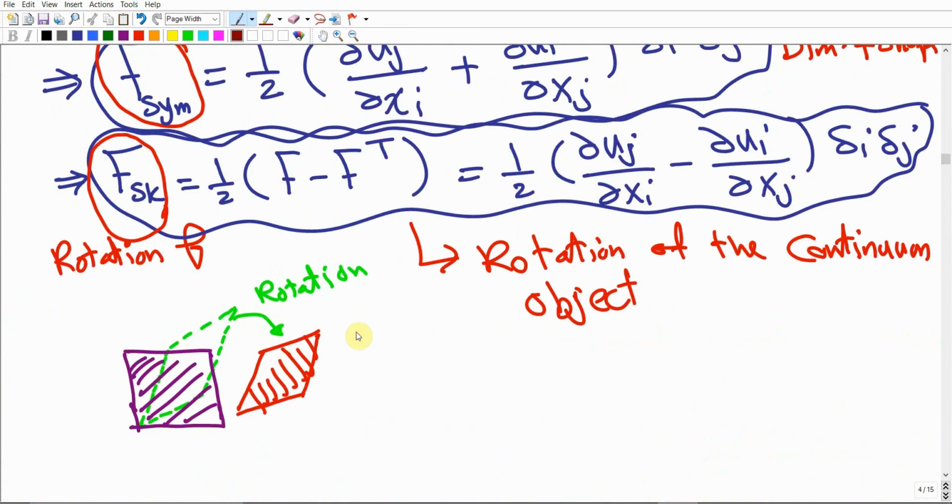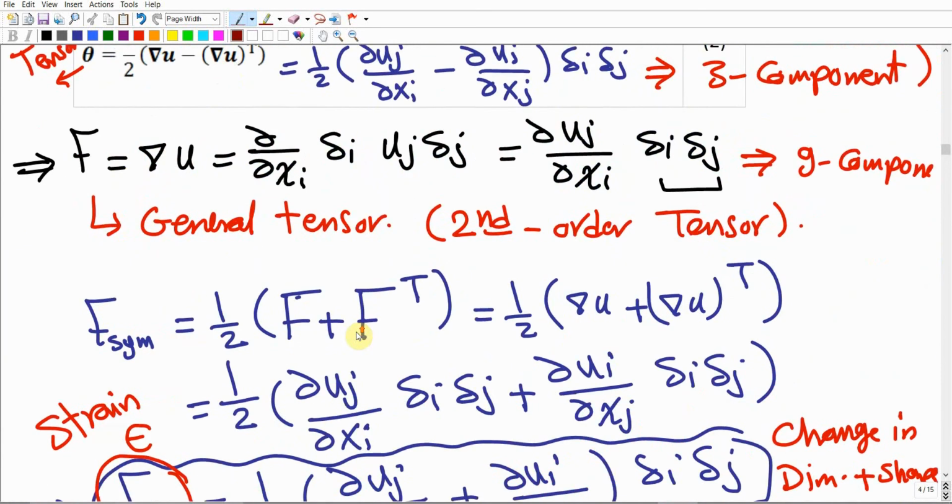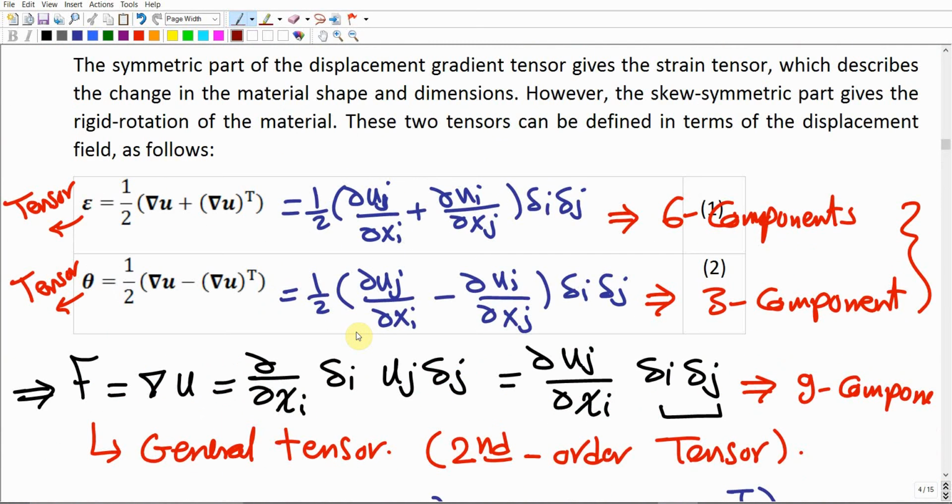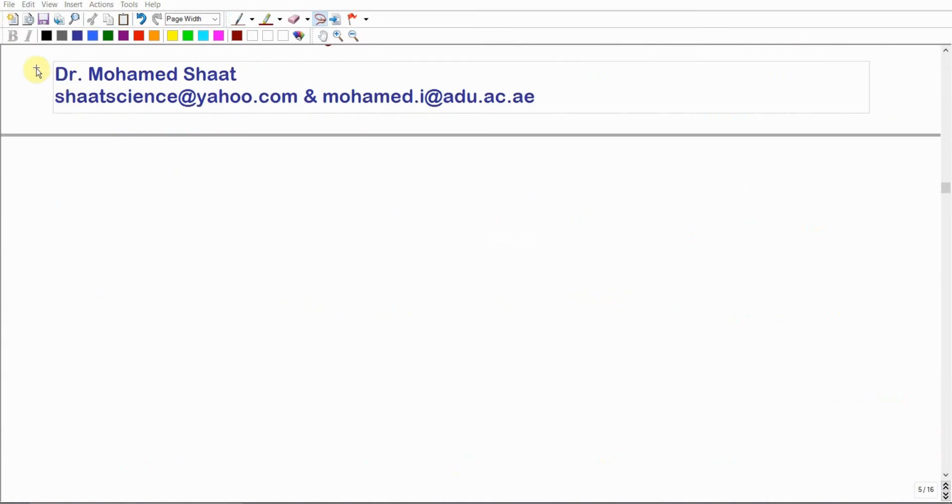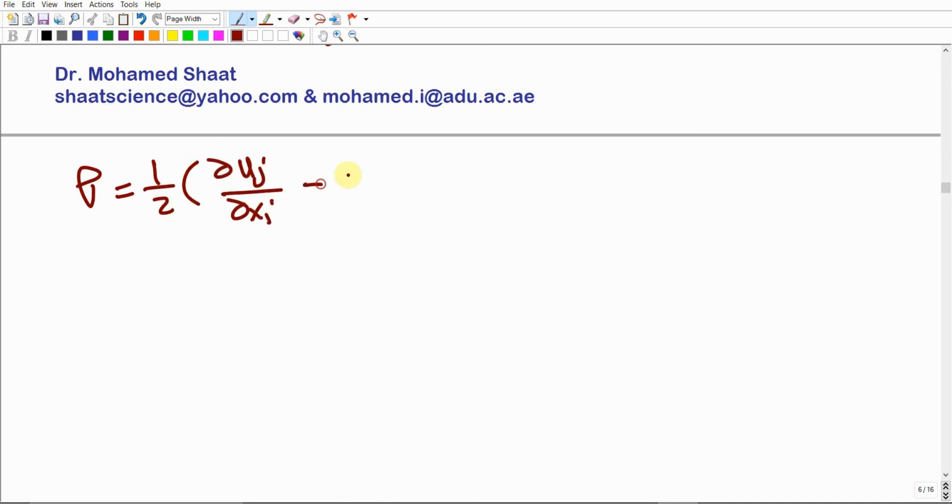Now let us move to the rotation tensor, right? And let us investigate the different components of the rotation tensor. We said that the rotation tensor, which is theta, is the skew symmetric part of the deformation tensor. We define this one as 1/2 the partial uj by partial xi negative the partial ui by partial xj.